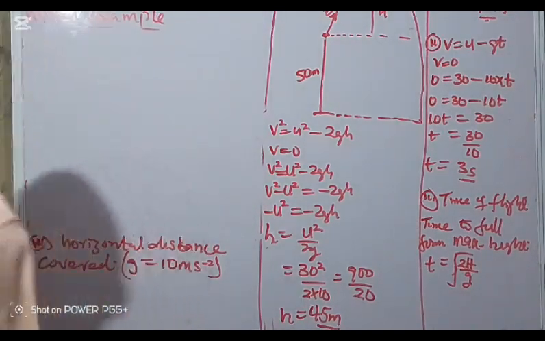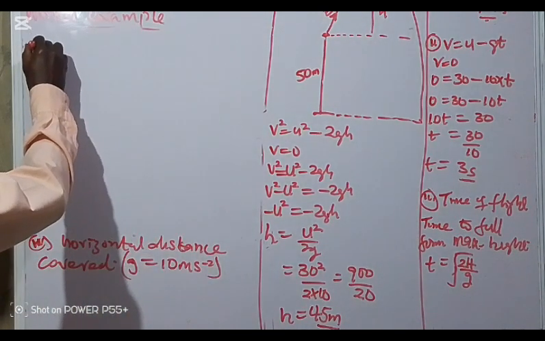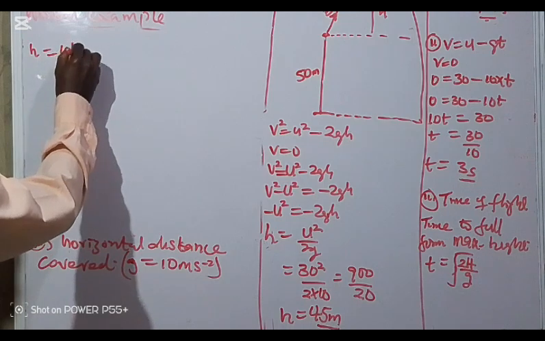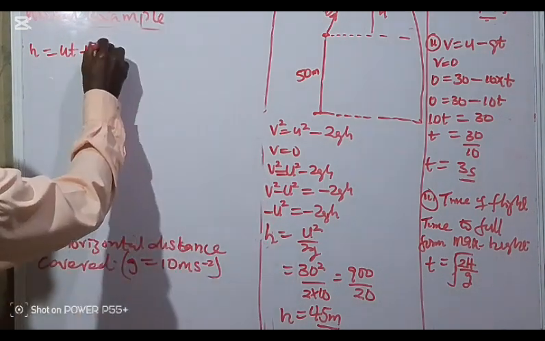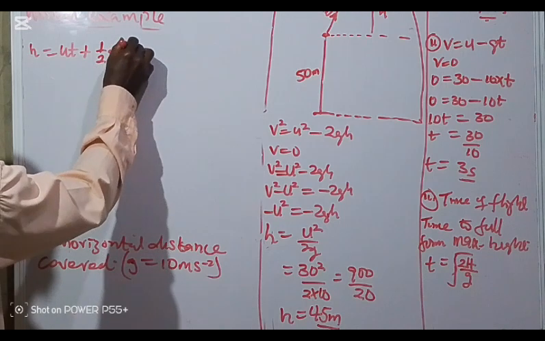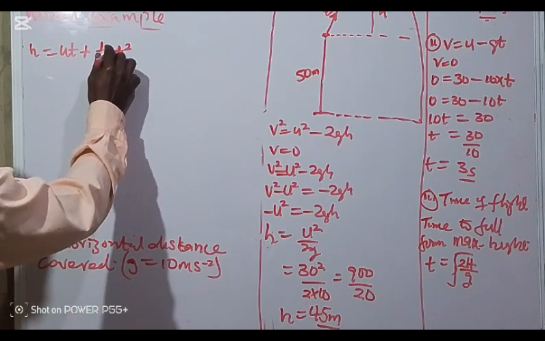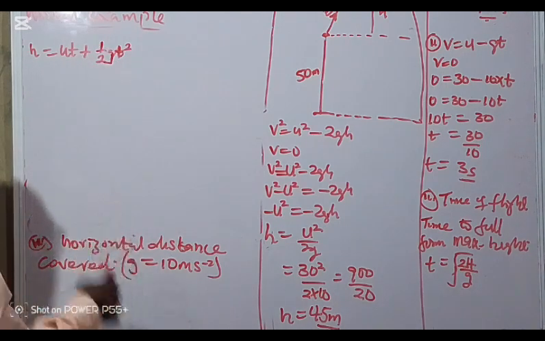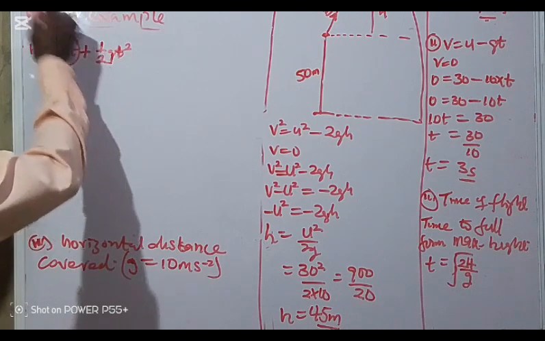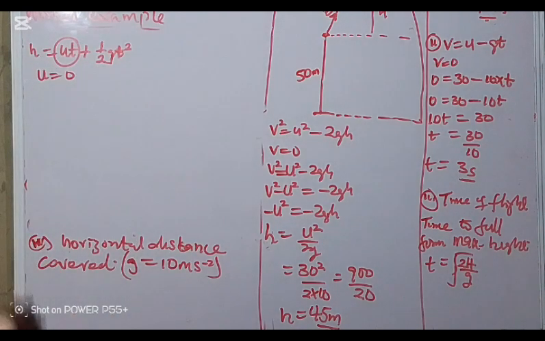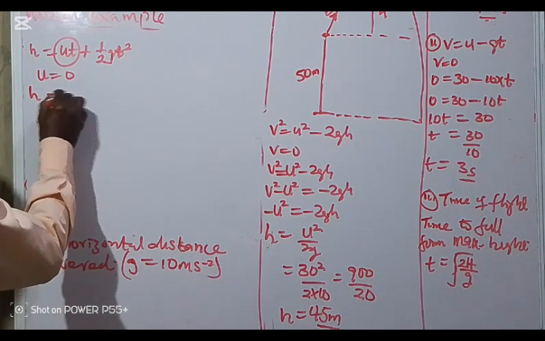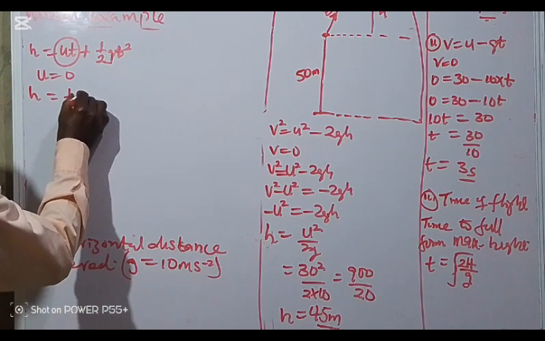Now when we say h is equal to ut plus half gt squared, why is it plus? Because it is coming down. Mind you, when the object is falling down, u is equal to 0. So we are left with h is equal to half gt squared.